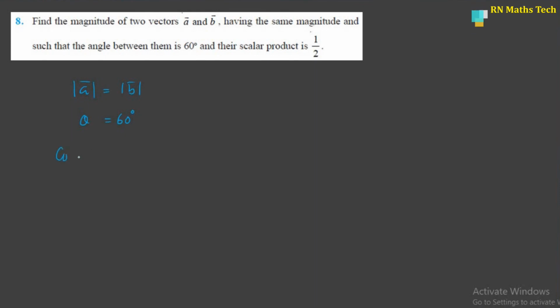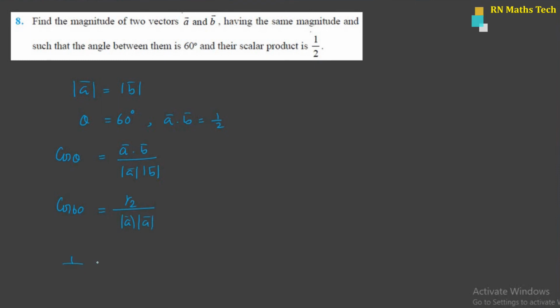So cos theta is equal to a⃗·b⃗ divided by |a⃗| into |b⃗|. That is cos 60 is equal to a⃗·b⃗, and their scalar product a⃗·b⃗ is 1/2. So 1/2 divided by |a| into |a|, since |b| is also |a|.